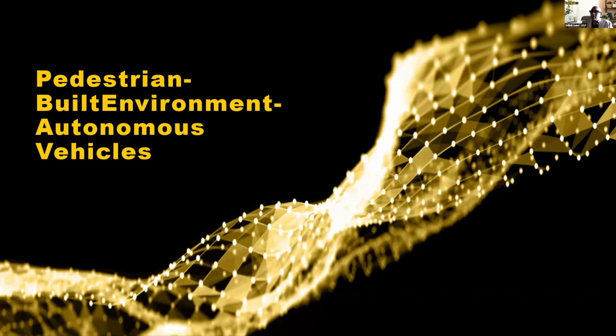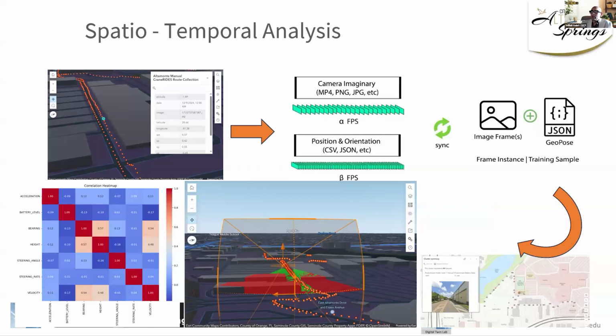Another dimension is about the integration of pedestrians and the built environment as well as autonomous vehicles. This is work that we have been doing with one of the municipalities in our state, the city of Altamonte Springs.